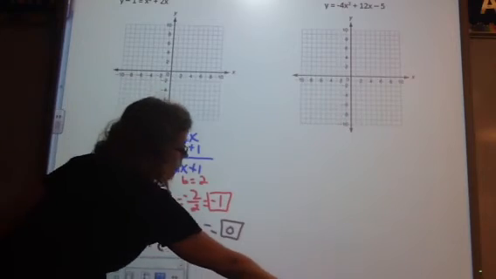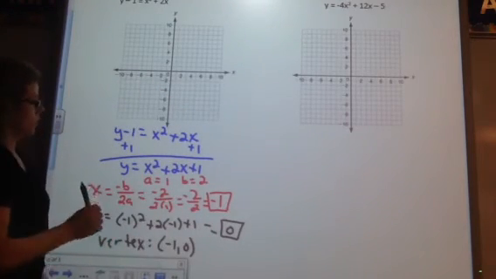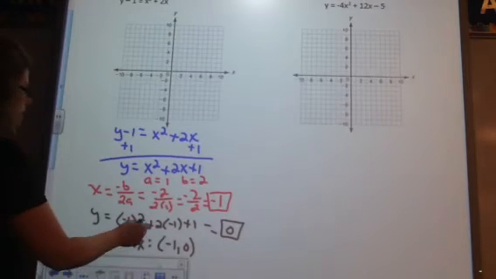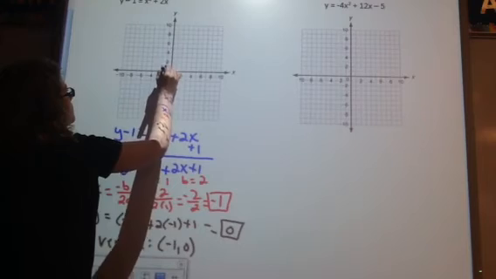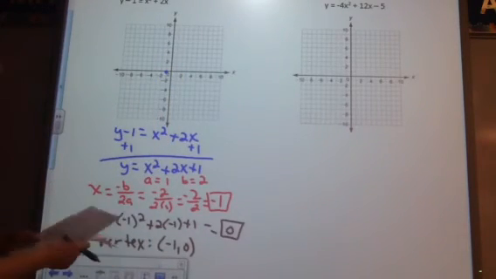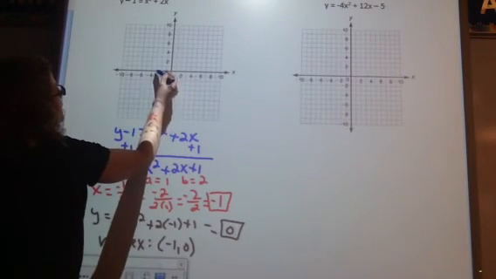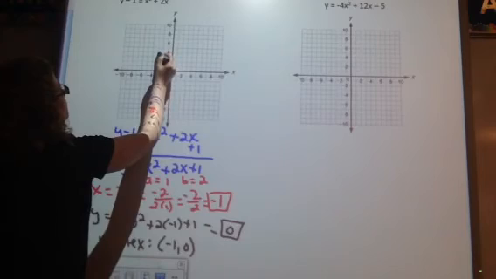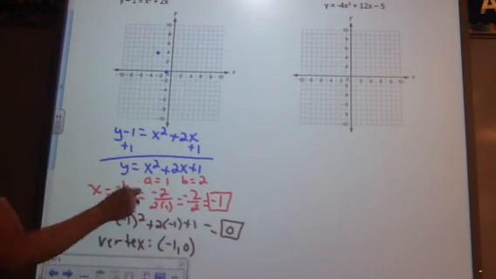Okay, so before I even graph it, my a is positive, so now it's going to be upward. And my vertex is -1, 0. So that's going to be my minimum point because it's going to go upward, okay? So let's see, my first point was -3, 4, and then I had -2, 1.